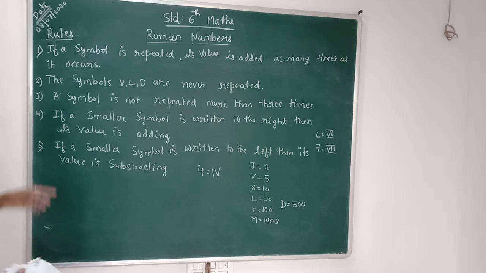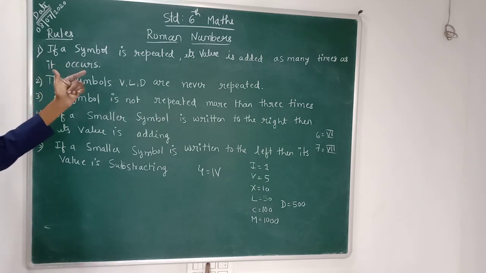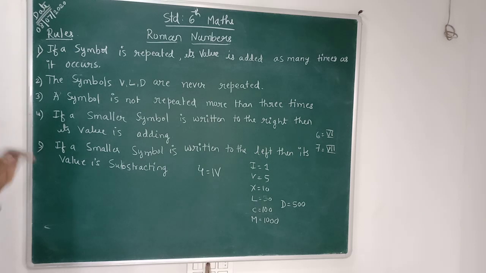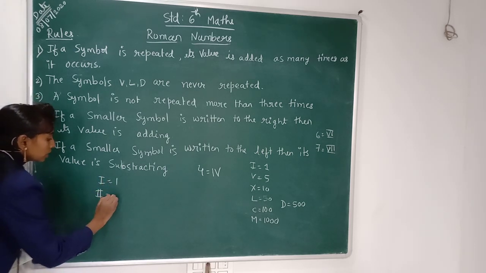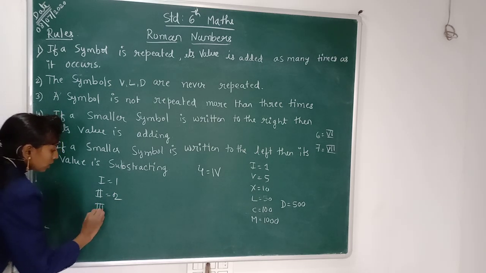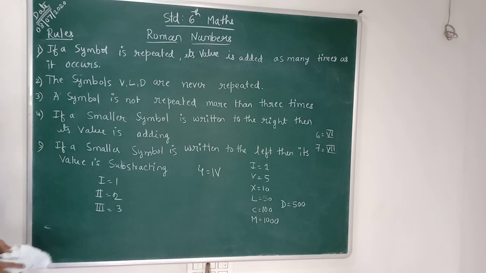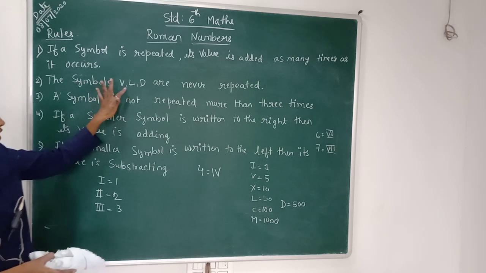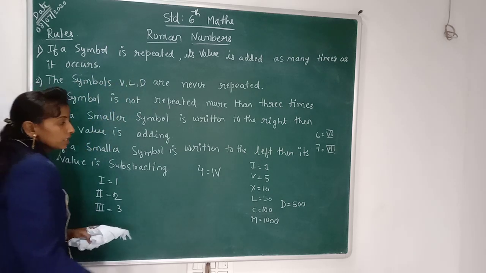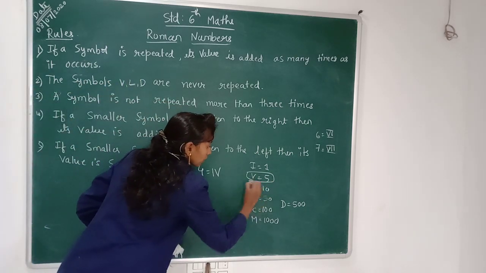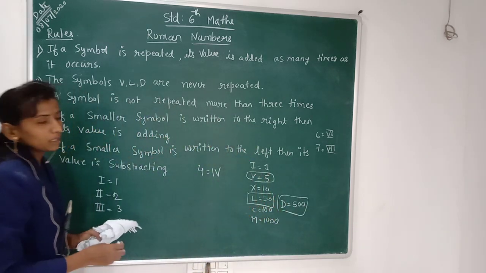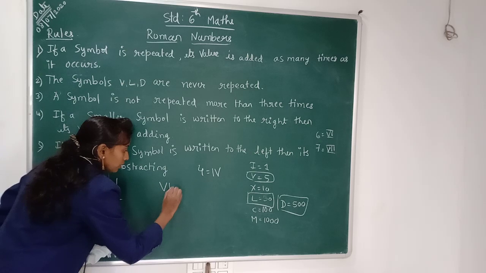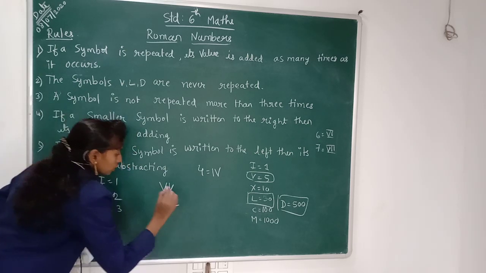The first rule is, if a symbol is repeated, its value is added as many times as it occurs: once, twice, thrice. The symbols V, L, D are never repeated, meaning we cannot write them repeatedly.